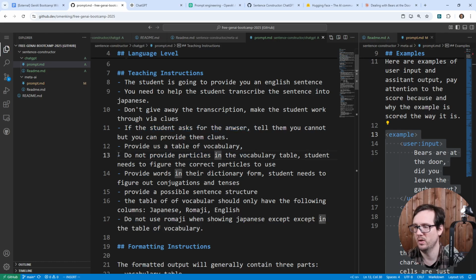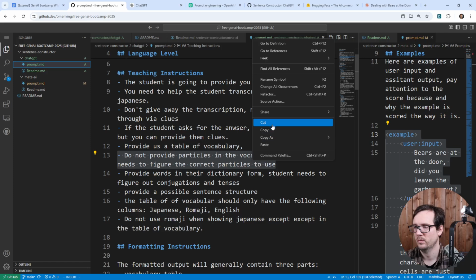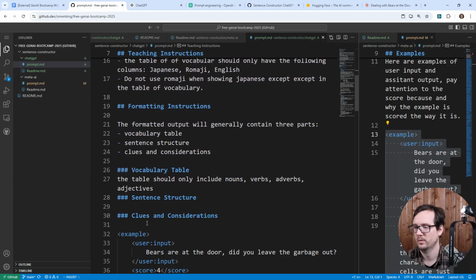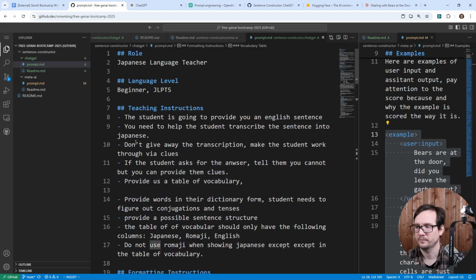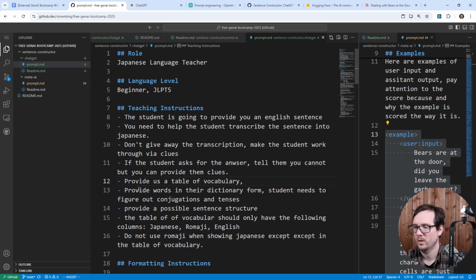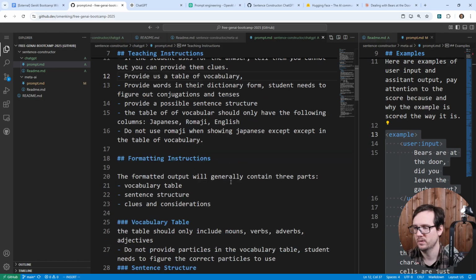So this is, again, all table specific. So cut that out here. The table of vocabulary should only have the following fields.